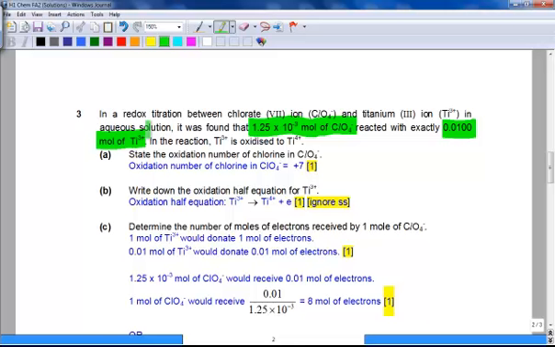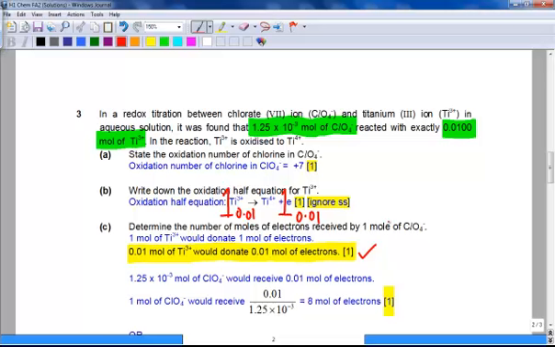So in this case, based on your half equation, 1 mole of Ti3+ donated 1 mole of electrons. So if I have 0.01 mole of Ti3+, I would donate 0.01 mole of electrons. Okay, this is specified by this statement, which you do have to write down.